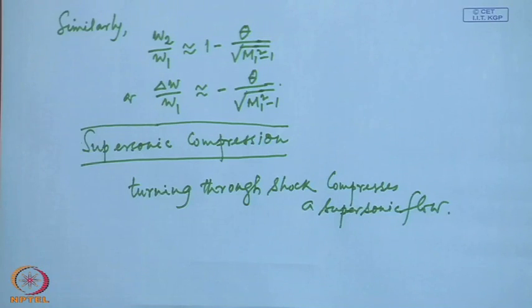However, if this angle theta is divided into several small angles, that is, instead of providing one corner with theta, if we provide a number of corners with much smaller angle, but the total angle being this theta, then the compression will occur through successive shocks, and each of these shocks will be weaker than the total shock that would have been there if the flow had turned once through an angle theta.